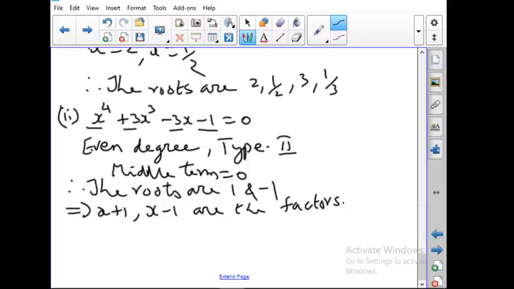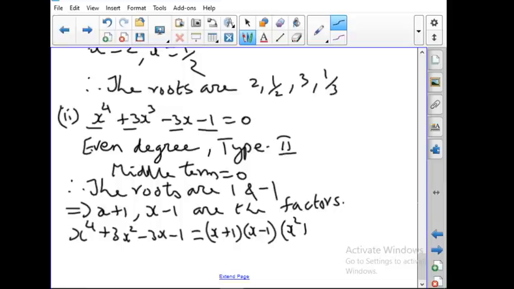Therefore, x power 4 plus 3x cube minus 3x minus 1 can be written as x plus 1 into x minus 1 into x square plus px plus 1.